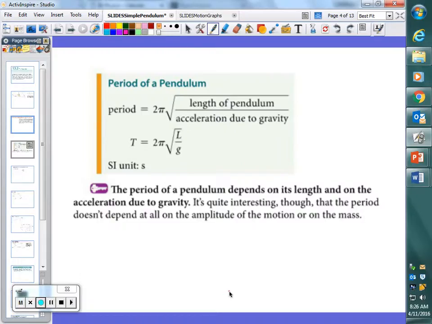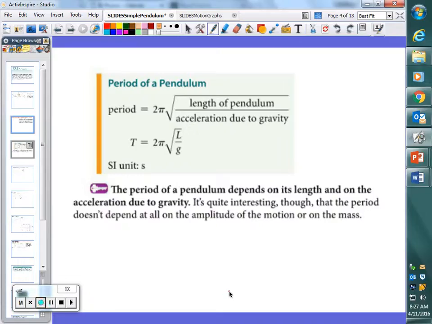And it doesn't matter whether we change the mass, it doesn't matter how big of a swing we take, the amplitude of the motion, the length is really the only one that makes an appreciable difference in the period of the pendulum. Okay? Good there?